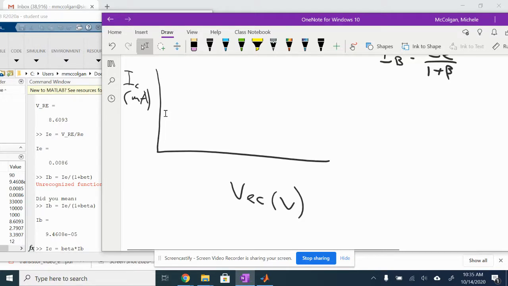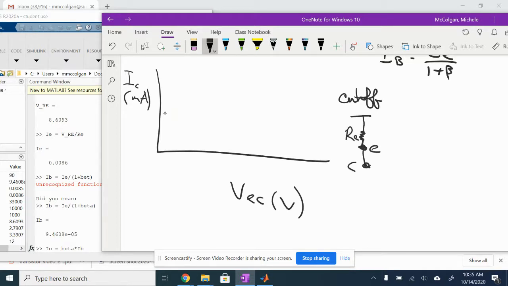So for the load line, I need to think about cutoff and saturation. If I have cutoff, this is my voltage, and then I have my resistor RE. This is my E, this is my RE, this is my C, and then that's connected to ground.